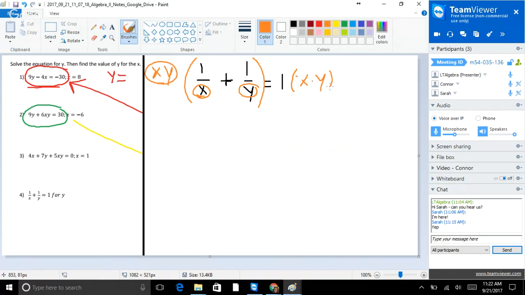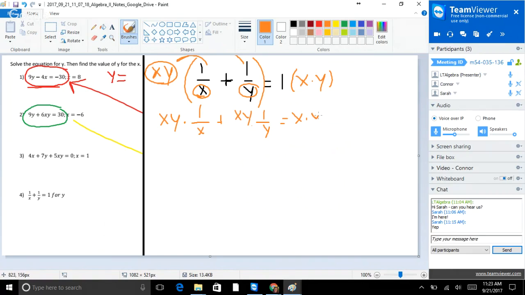So this is one of those problems that's going to look worse before it gets better. If we multiply both sides by x and y, we need to distribute the x and y to each term. So we will have xy times 1 over x plus xy times 1 over y equals xy.